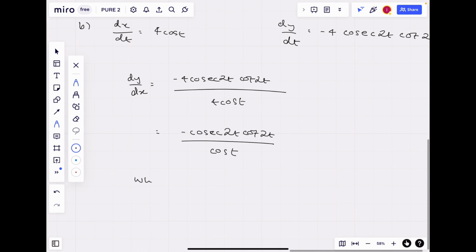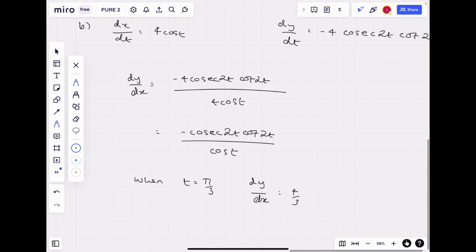Now, when t equals pi over 3, what does your dy by dx equal? It should equal 4 over 3. When you're plugging something like that in, your calculator doesn't have cosec and cot, right? In which case you would use the equivalence.